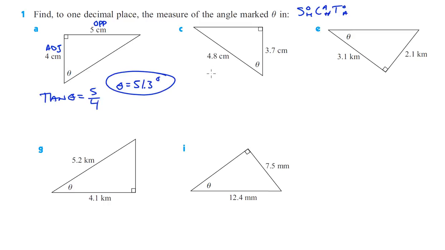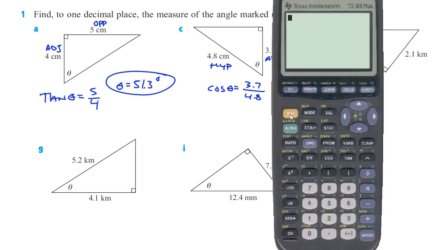All right. C, here's our angle. This is the hypotenuse. This is the adjacent. So the one that deals with adjacent and hypotenuse is cosine. So let's do cosine theta equals adjacent, which is 3.7 over hypotenuse, which is 4.8.